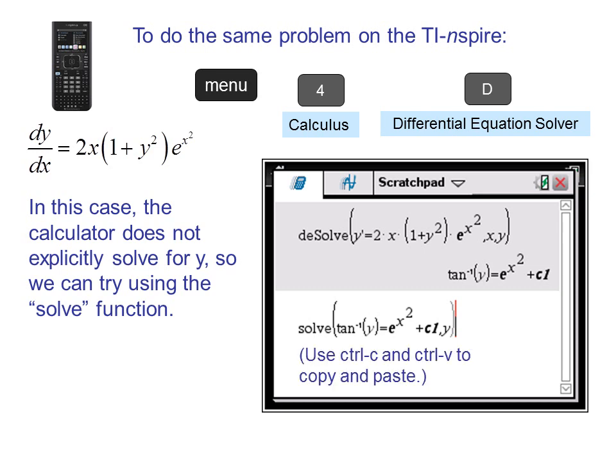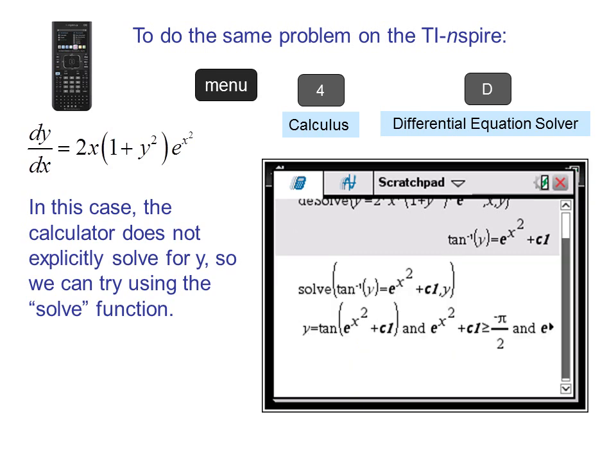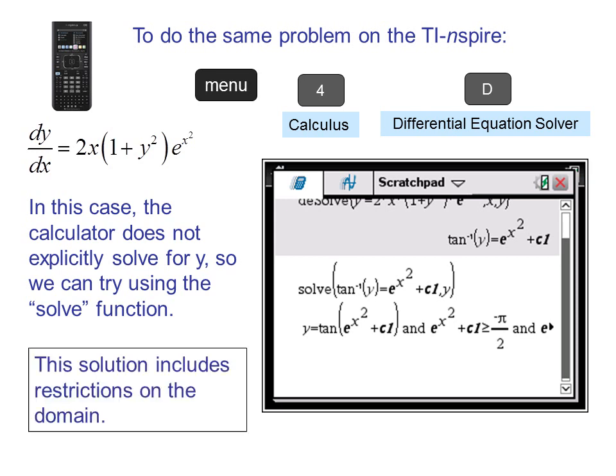We use Control-C and Control-V to copy and paste the expression into the function. And notice we are solving for y. Now when we press Enter, we see a solution, and this solution includes restrictions on the domain.